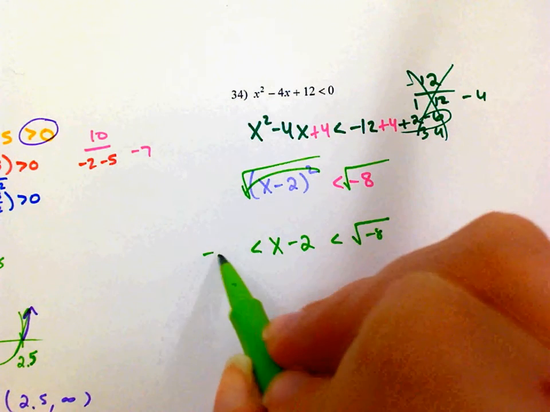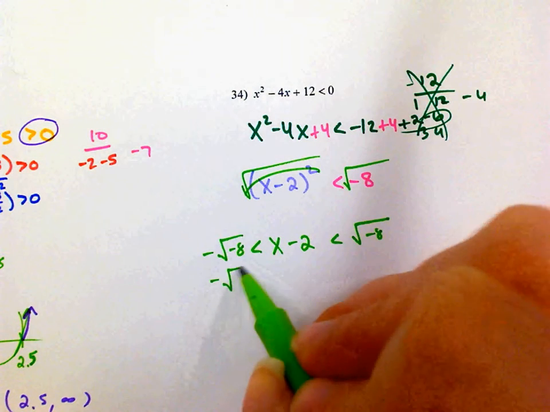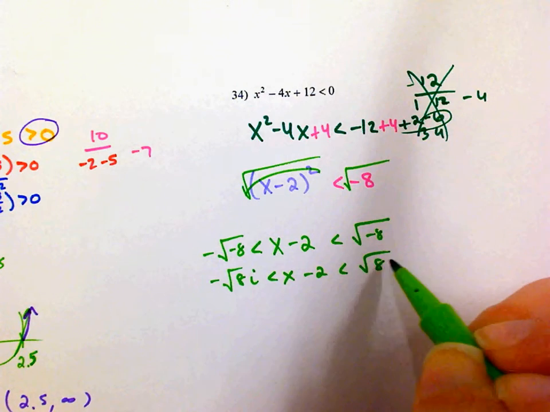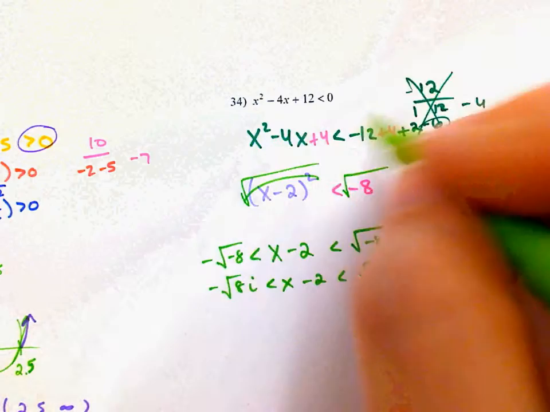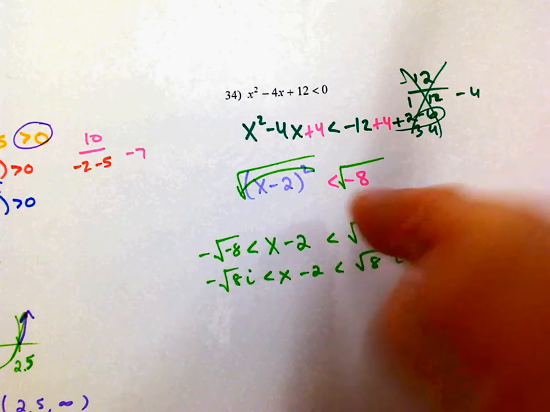So if I think about this parabola, it's actually above the x-axis, so it's never below, it's never less than 0, or that parabola is never less than negative 8. So in this case, once you get a negative solution, or an imaginary solution on these inequalities, I'm going to put no real solution.